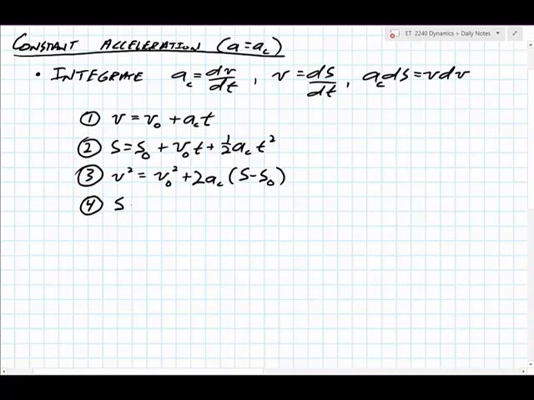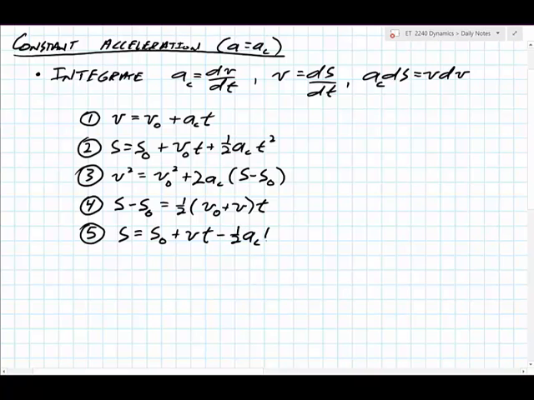I could say that my final position minus my initial position is equal to 1/2 my final velocity plus my initial velocity times time. It's almost like saying my average velocity times time. And my final equation is my final position is equal to my initial position plus my final velocity times time minus 1/2 my acceleration times time squared.